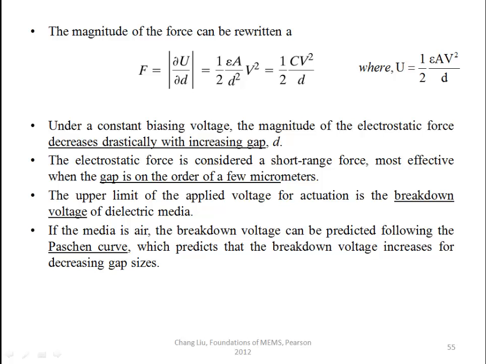So the magnitude of force for such a movement is F is equal to dou U by dou D. And this U can be written in terms of D as U is equal to half epsilon A V square by D. So differentiate the equation of U with respect to D. As a result, we will get the equation as half epsilon A by D square into V square. Then we can rewrite this equation as half C V square by D.